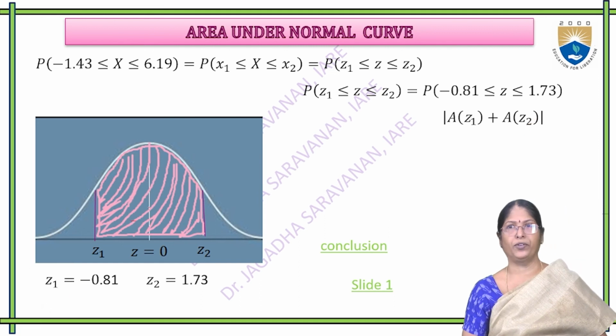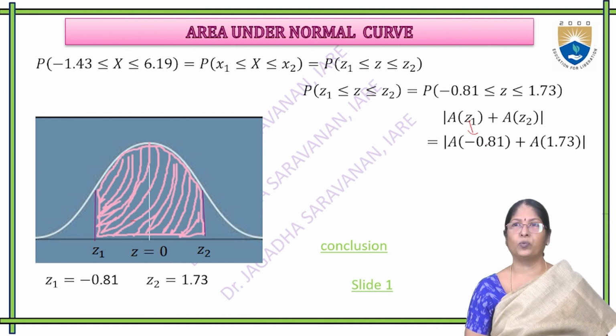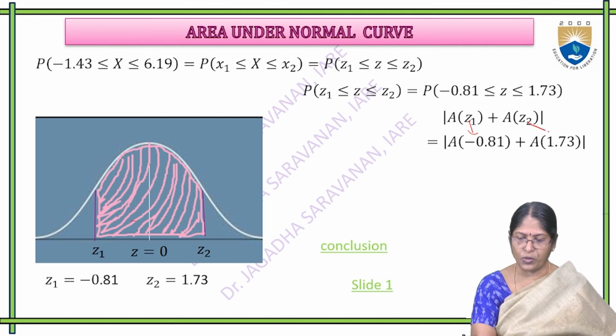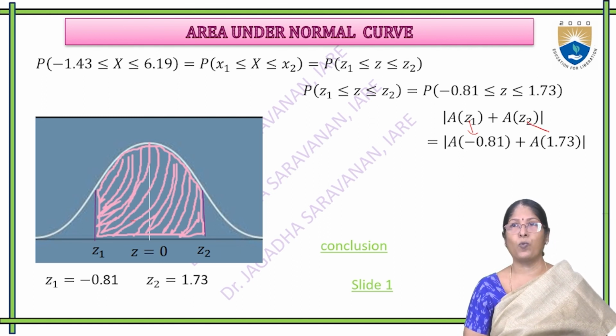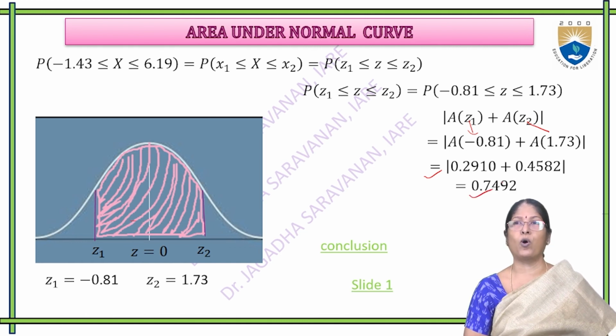Z1 is replaced by its value minus 0.81. Z2, the value is 1.73. Using the normal distribution table, the values are replaced. That is 0.2910 plus 0.4582. The final answer is 0.7492.